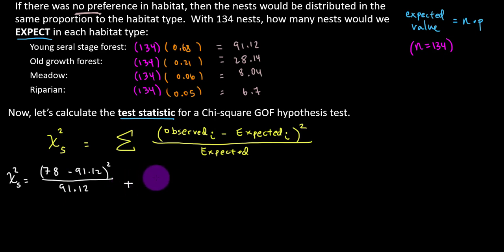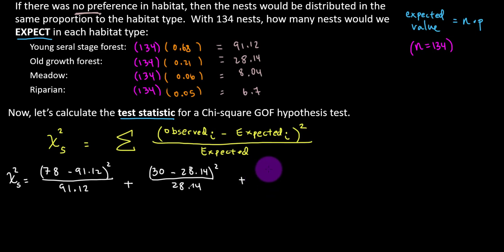We will now add the next term here. Old growth forest was observed for 30 nests. However, if there was no preference, we would have only expected 28.14. Again, subtract, square, divide.